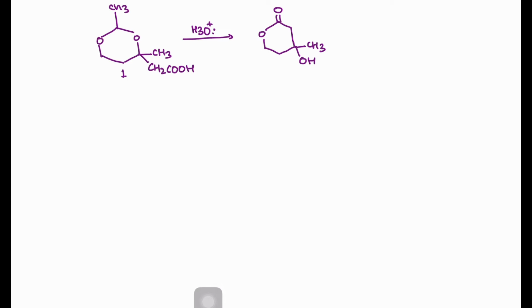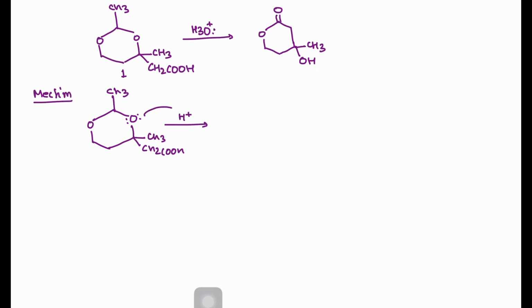So we have to now propose the mechanism. As we know that acetals will react with the acid. So first what will happen, this acetal group will react with the acid. This oxygen has a lone pair, it will react with that acid. H plus will be coming from the acid, basically. And this will get protonated.